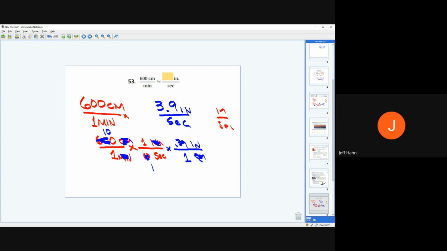Which is the same thing as going 600 centimeters in 1 minute. 600 centimeters would be 6 of these in 1 minute, or 3.9 inches per second. It was 3.9 inches per second, not centimeters per second. 3.9 inches per second would be almost 4 inches per second.